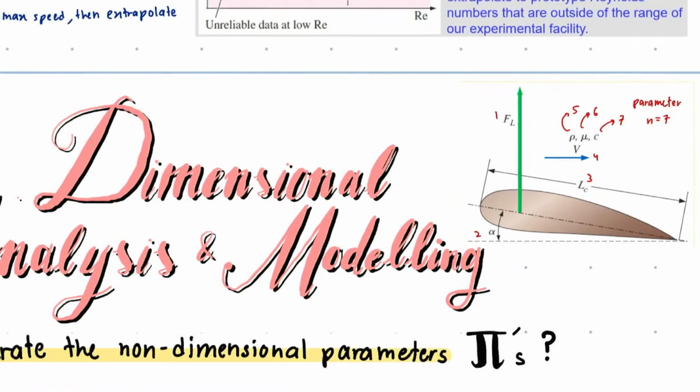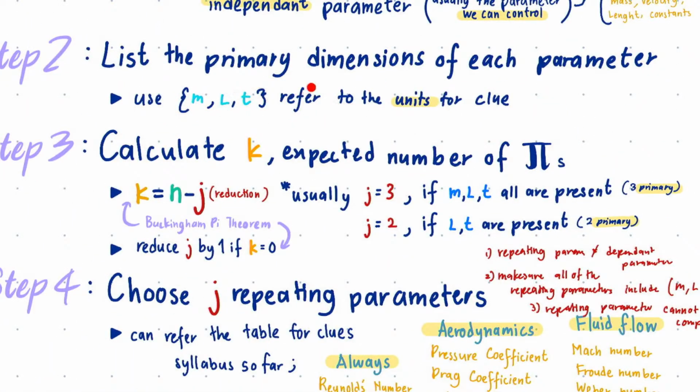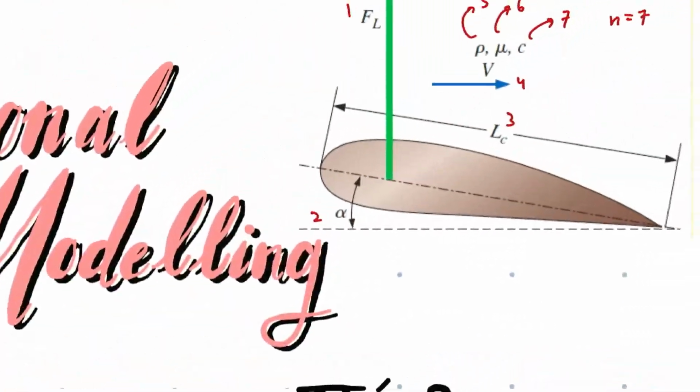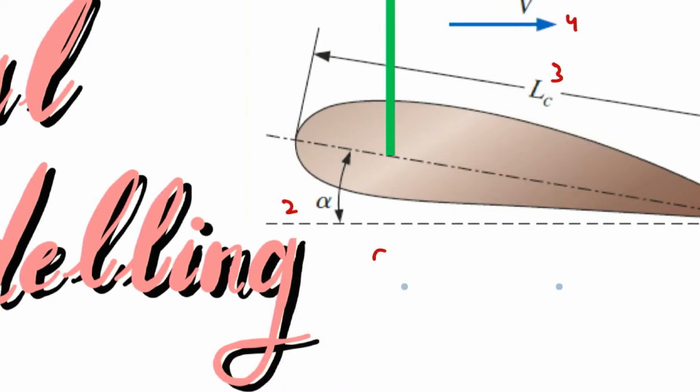Moving on to the second step: list the primary dimensions of all the parameters, MLT. Angle of attack here is theta, so it is already a non-dimensional parameter, so it has no units.